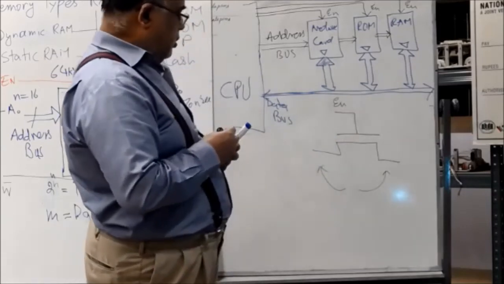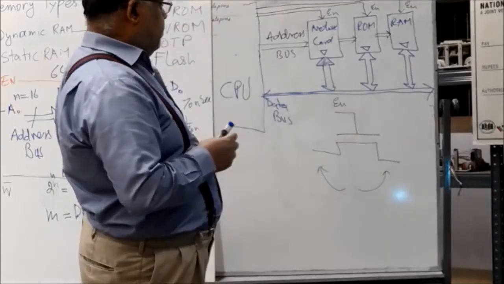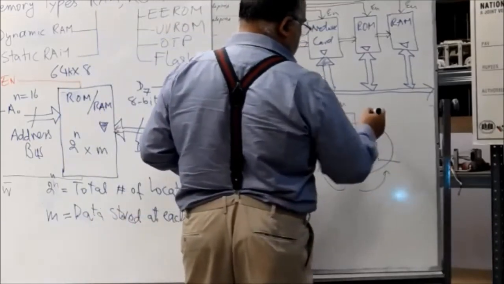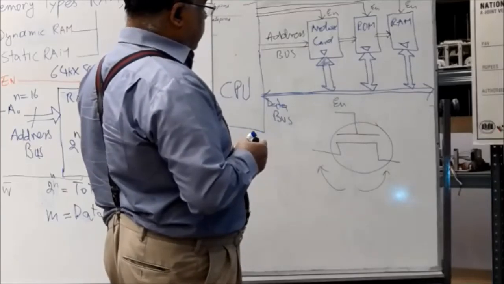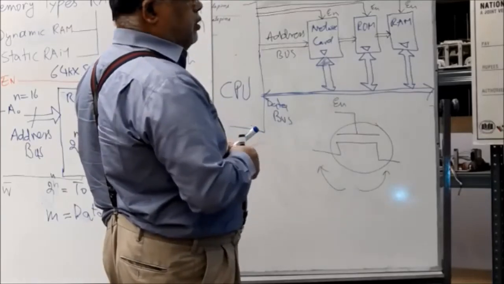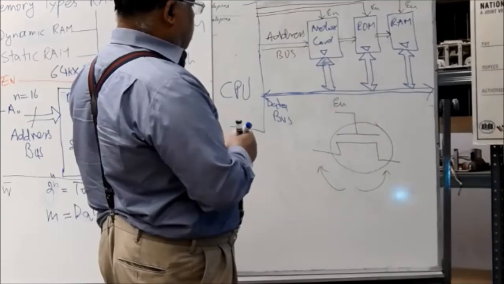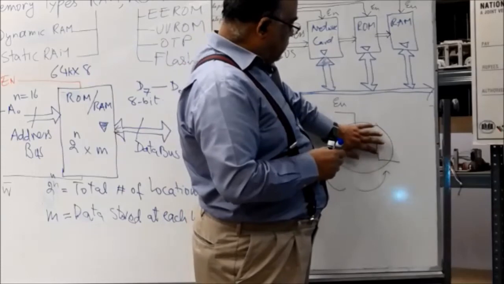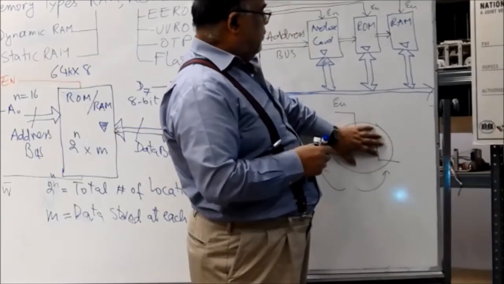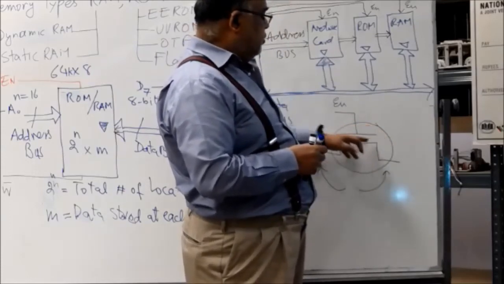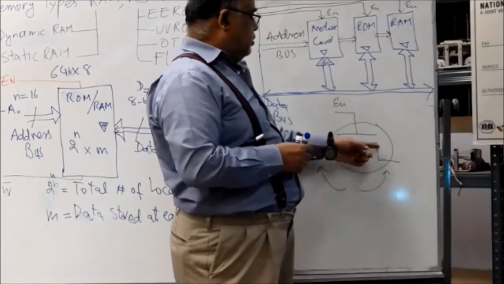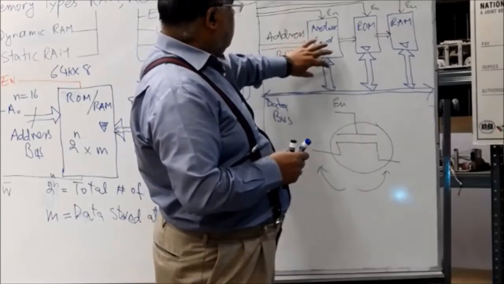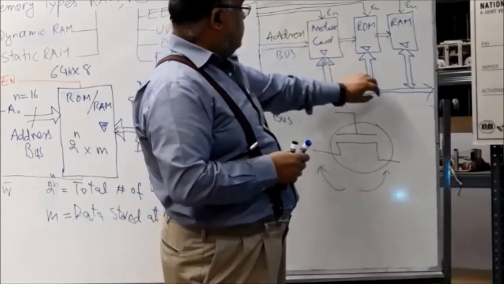In a CMOS transistor, current can flow in both directions, no problem. So this is basically the circuit. Just one transistor is needed to make a tri-state buffer. When this transistor is off, it is as if it is not there. Very high impedance. In case of CMOS, if you remember, CMOS has very, very low leakage current, so it draws very low leakage current when it is cut off from this bus.